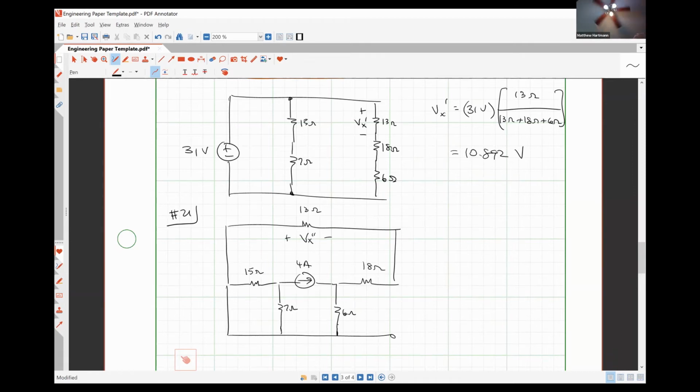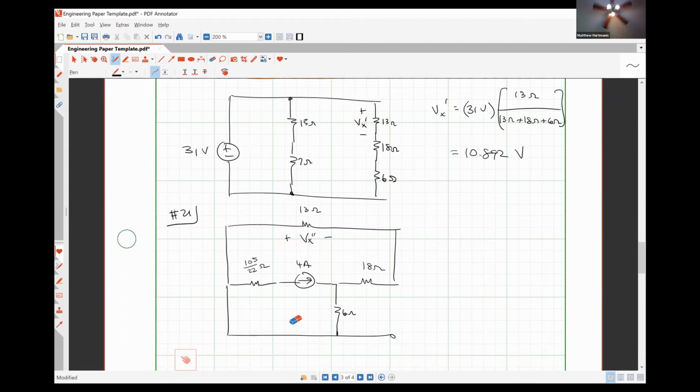Can somebody double check my mental math there, please? Yes, it's 105 divided by 22.